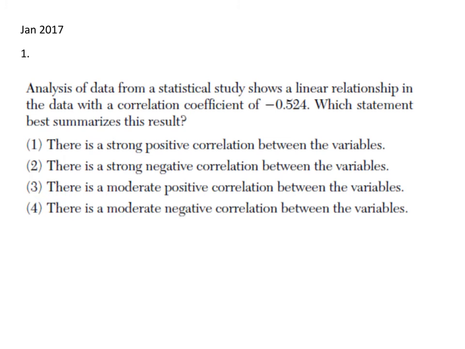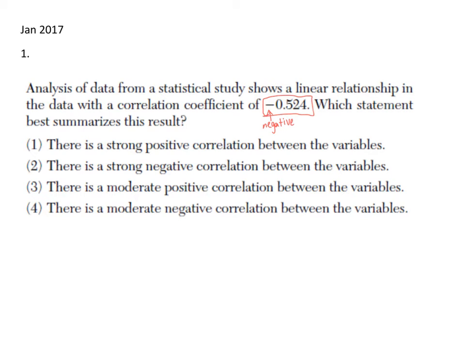So let's read this question. Analysis of data from a statistical study shows a linear relationship in the data with a correlation coefficient of negative 0.524. Which statement best summarizes this result? So one way to get through with this question is we already know there's a negative right here. So let's read the options and see which ones we can use. So the first one, there is a strong positive correlation between the variables.